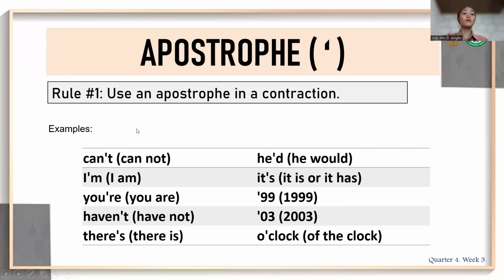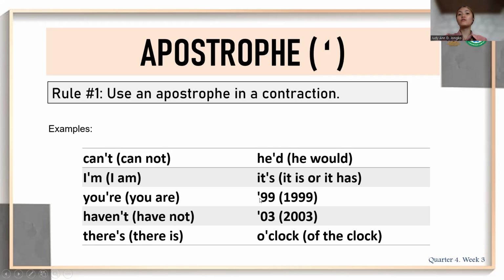Now take a look at these following examples. Can't is a contraction for cannot, I'm for I am, you're for you are, haven't for have not, there's for there is, he'd for he would, it's for it is or it has, and apostrophe 99 for 1999, and also apostrophe 03 for 2003.